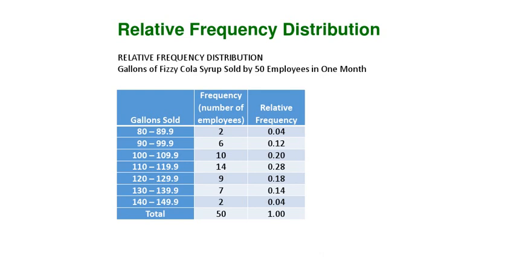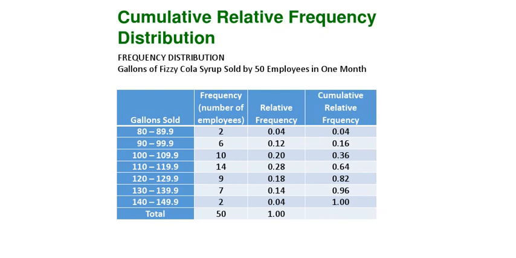One other number that sometimes interests us, especially in these kinds of categories where the differences are numerical, is what we call a cumulative frequency. A cumulative frequency starts with the lowest category, and we see that those two match. But then we say, from 90 to 99, we say 16%. That is 0.04 plus 0.12.